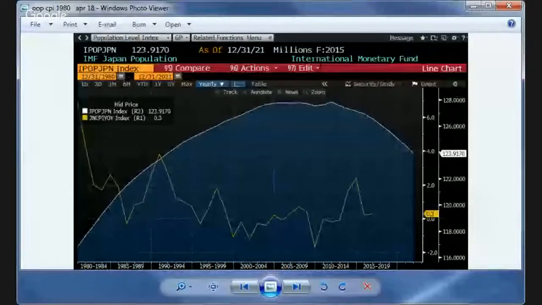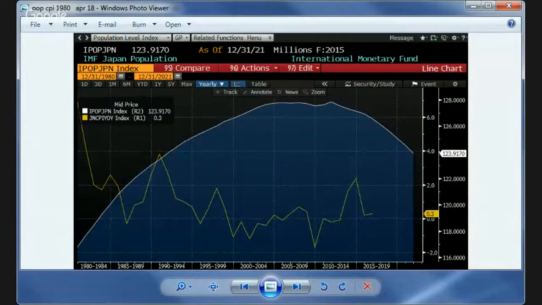Now this, I couldn't find a good chart for the Japanese population, at least on Bloomberg. These charts are all Bloomberg, by the way, going back before 1980. And this chart doesn't show, except in the curve in the back, a very profound relationship between CPI and population.